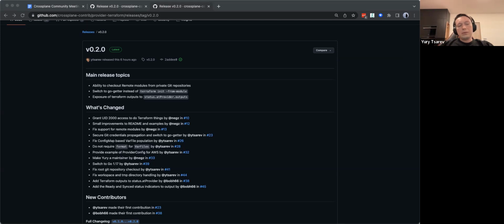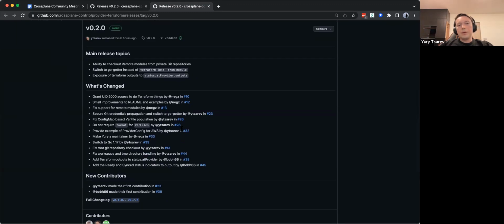I know that folks from GE Digital were posting a blog post mentioning provider Terraform in action, and I worked with them on reproduction of some scenario where they're using a composition which is mixing native resources and some provider Terraform based resources. So basically encapsulating some legacy modules plus mixing them with classic native Crossplane ones.